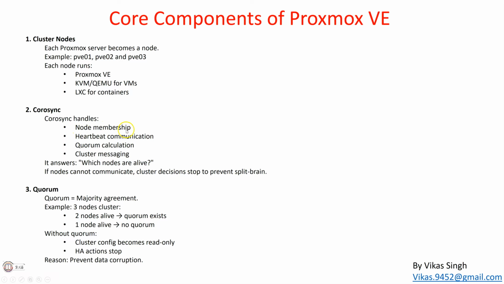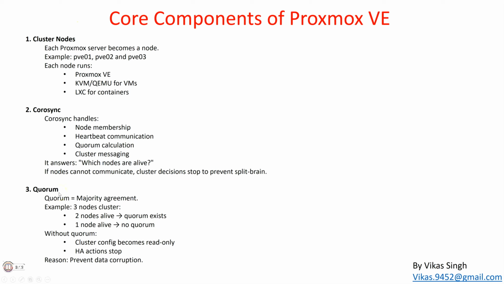It handles node membership, heartbeat communication, quorum calculation, and cluster messaging. It basically answers which nodes are alive. If nodes cannot communicate with the cluster, the cluster decisions stop, to prevent a split brain scenario in your cluster infrastructure.